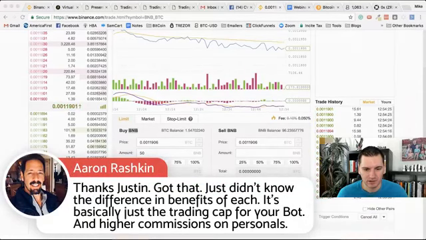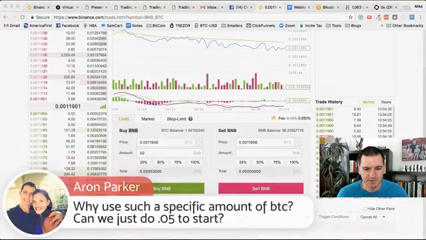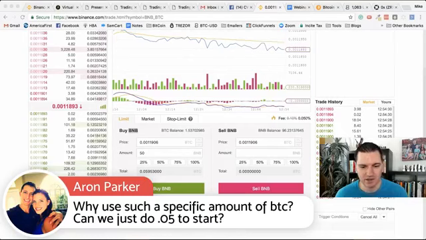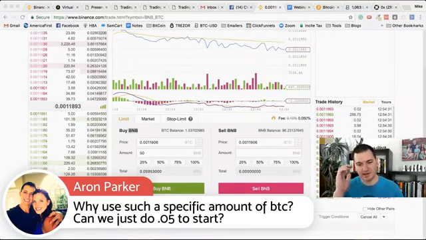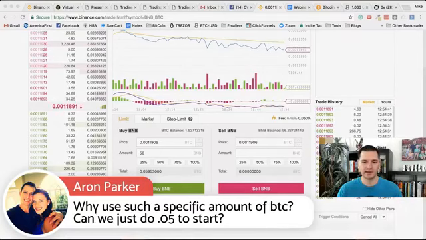All right, cool. So why use the specific amount of BTC? Can we just do the 0.05 to start? Yeah, you could do that, Aaron. It's just going to do less trades. Does that make sense? It's going to do maybe 4 trades at a time, whereas if you get 0.1, then you're going to get almost 10 trades going at a time.